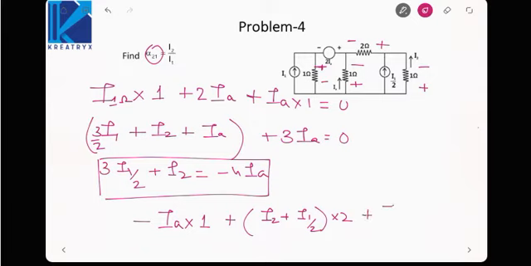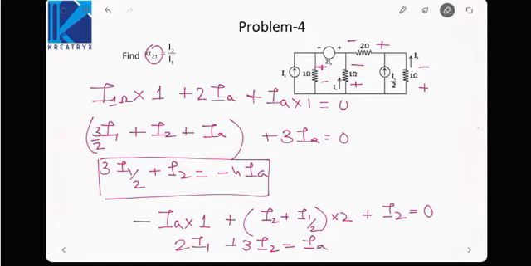It is plus I2. Now if you simplify this equation, it will be 2I1 plus 3I2 equal to IA. Now let us substitute IA in the first equation, which is equal to 2I1 plus 3I2.